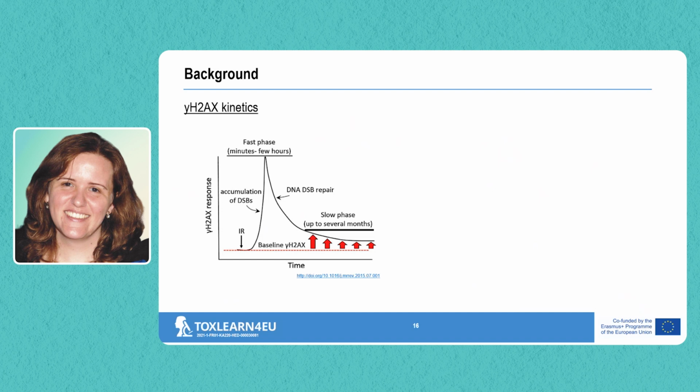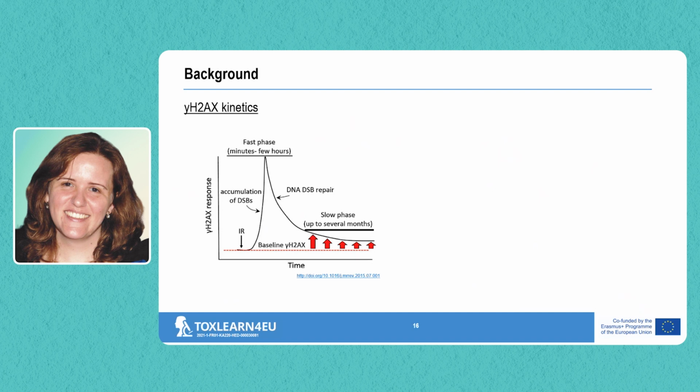You can see that the accumulation, the response of H2AX, is pretty quick, and it goes from minutes to a few hours. There are lots of studies about the phosphorylation of H2AX after exposure to ionizing radiation. That's pretty much most of the publications that you will see, and they show that it goes from 30 minutes to 2 hours.